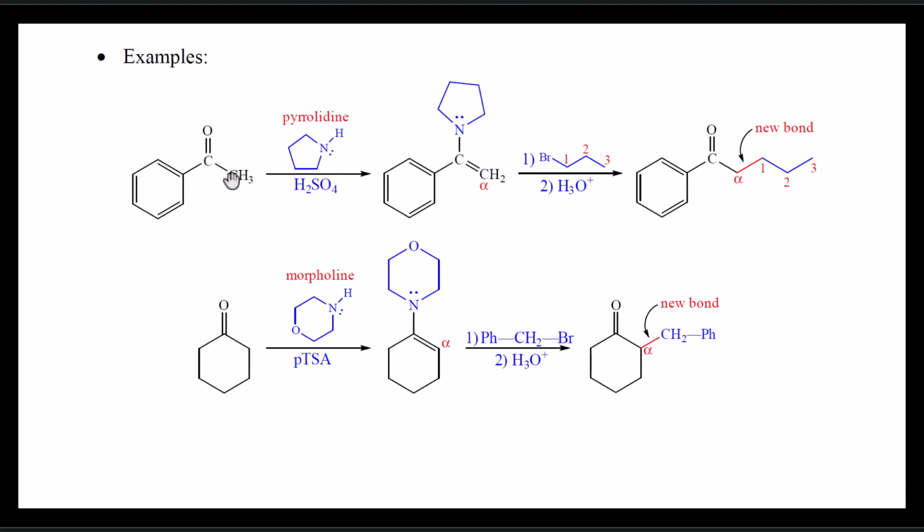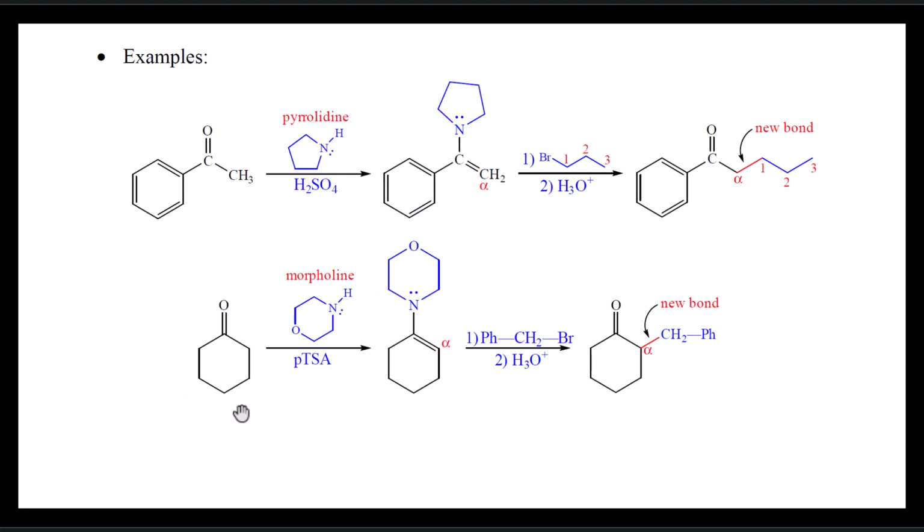You can see that the alpha carbon has become a CH2. It has lost a hydrogen effectively. We then allow it to react with an alkyl halide, in this case a primary alkyl halide, bromopropane, and we can see that we form a new bond from alpha to carbon 1 of the alkyl halide, and then we hydrolyze and we get the ketone back. So effectively, we've attached these three carbons to our original ketone.